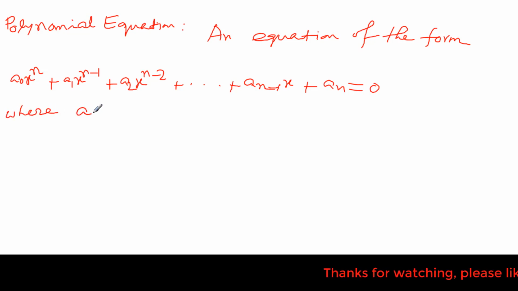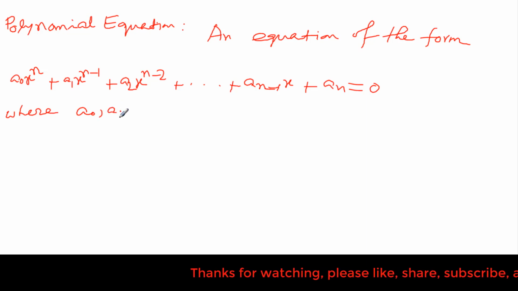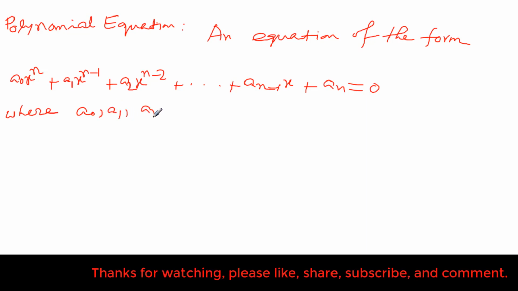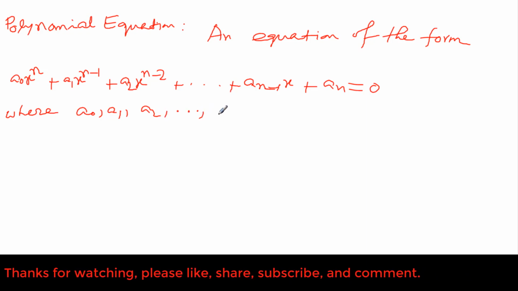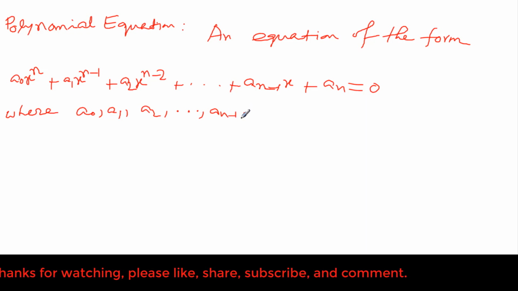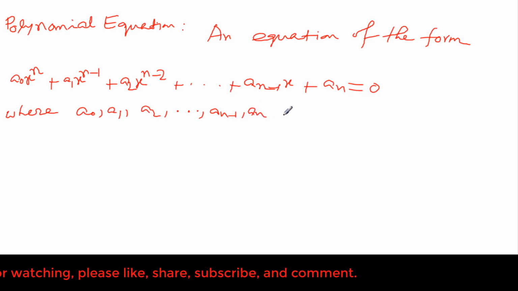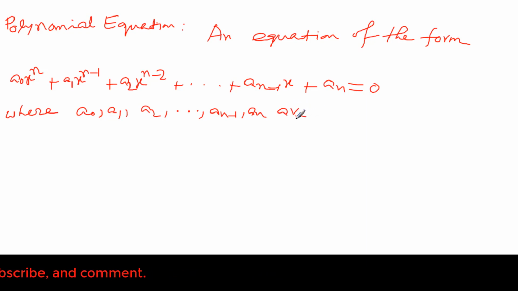Polynomial equation: an equation of the form a0 x to the power n plus a1 x to the power n minus 1 plus a2 x to the power n minus 2 plus ... plus an minus 1 x plus an equal to 0, where a0, a1, a2, ..., an minus 1, an are constants.